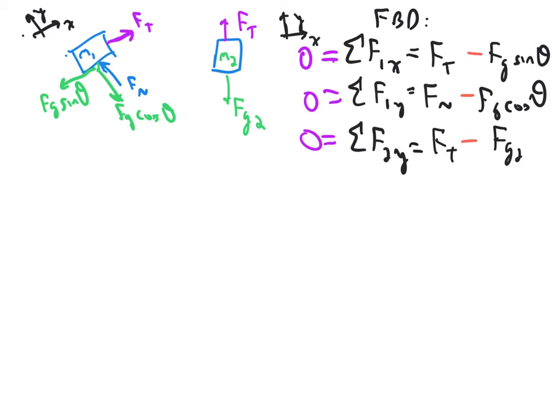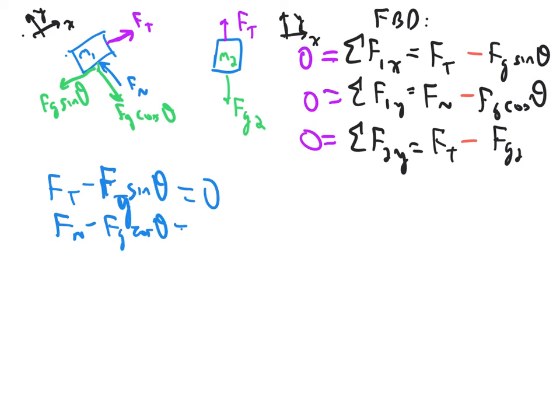That allows me to put them together as Ft minus Fg sine theta. Sorry, that's pretty badly written. Ft minus Fg sine theta is 0, and Fn minus Fg cos theta is 0, and Ft minus Fg2 is 0.